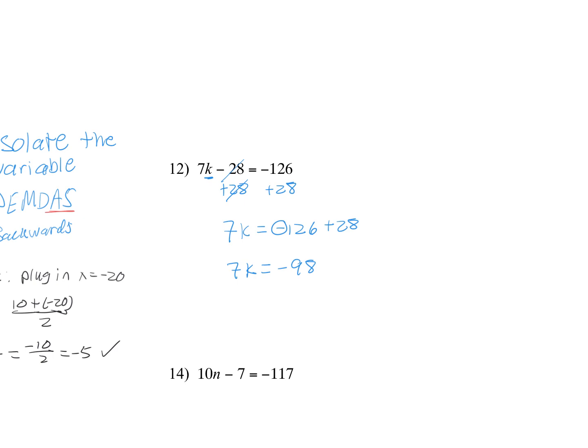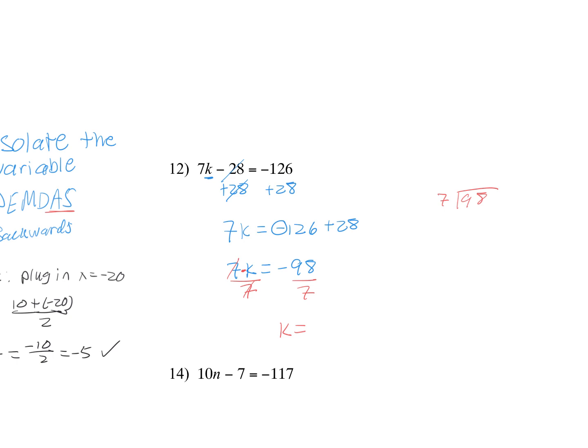Alright, and then now, to get rid of the 7 in front of the k, remember 7k means 7 times k, so we want to divide by 7 on both sides. And now that the 7's are gone, we get k equals negative 98 divided by 7. As always, if you can't do this in your head, you can always write it off to the side.